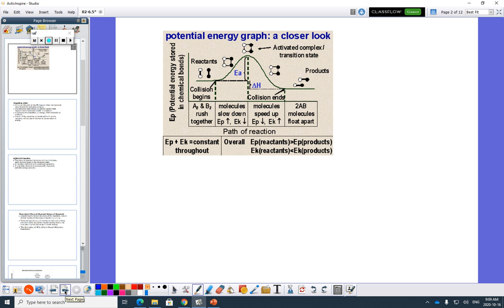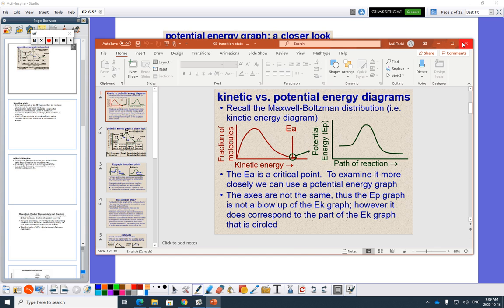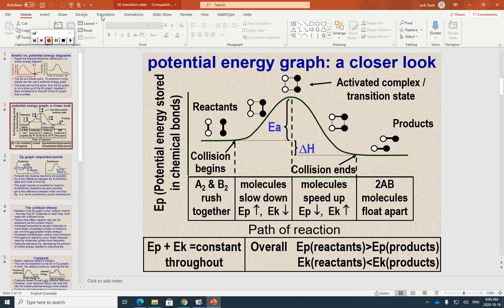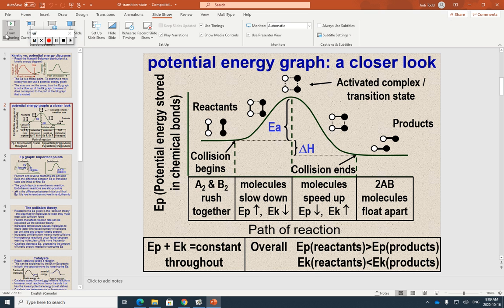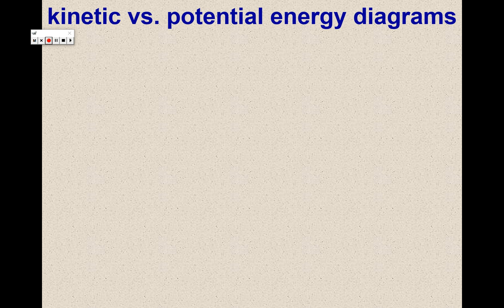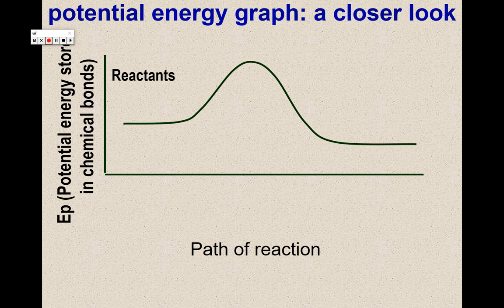Okay, so this picture is the final one in the notes, so I'm just going to go through it and you can see how it relates to what we did last unit. This is just a potential energy diagram, reactants and the products. And we would have said that they require a certain amount of energy to go.